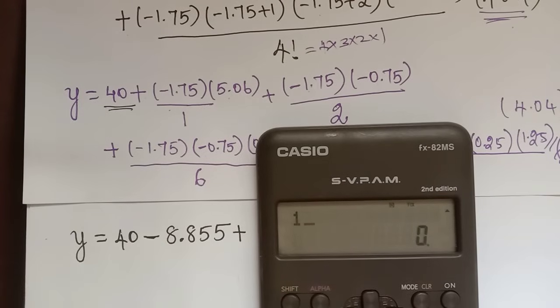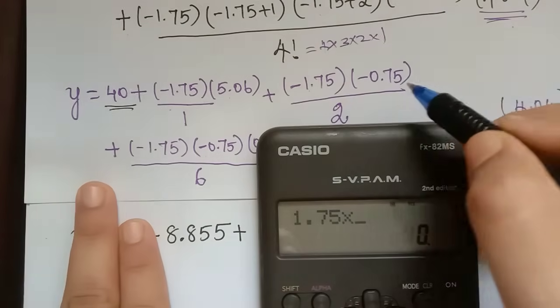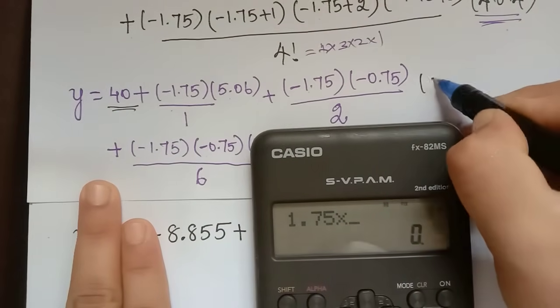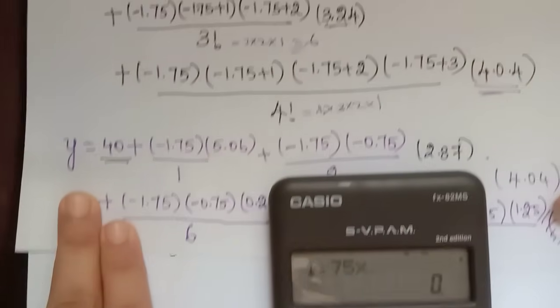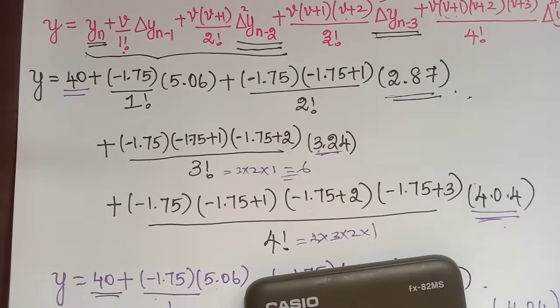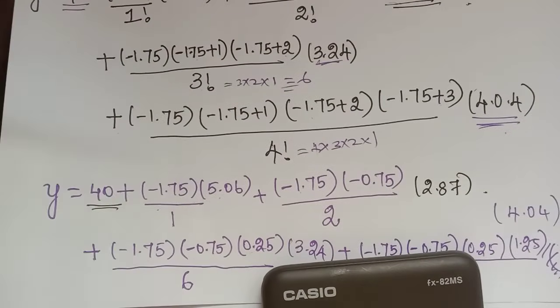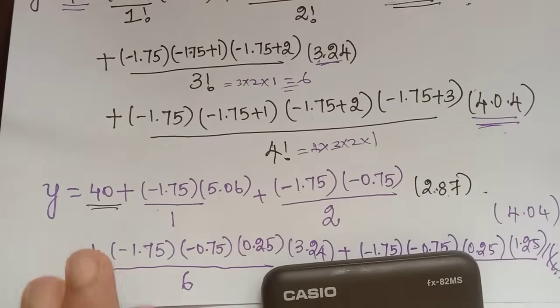So 1.75 multiplied with, and one more thing is that I forgot to write the value here, that is 2.87, which is there here. So if you see here, we have this 2.87. Okay, I haven't written it here. Kindly make that correction. 2.87. We have to multiply with this term.